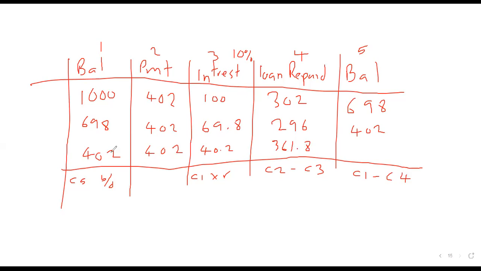Okay, so you subtract this minus that. It's almost 0. Meaning we would have amortized this loan.